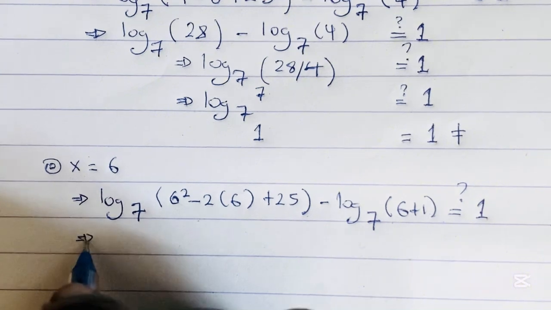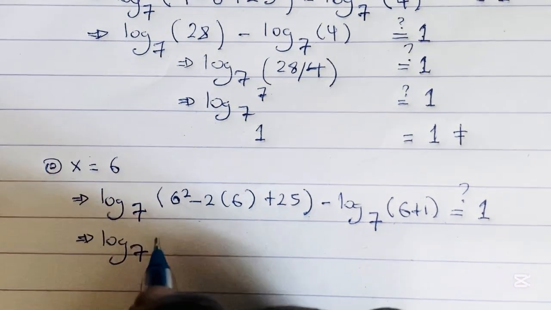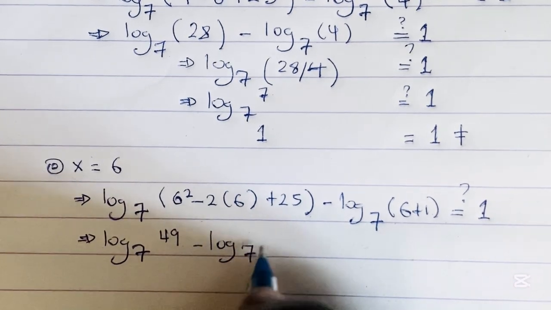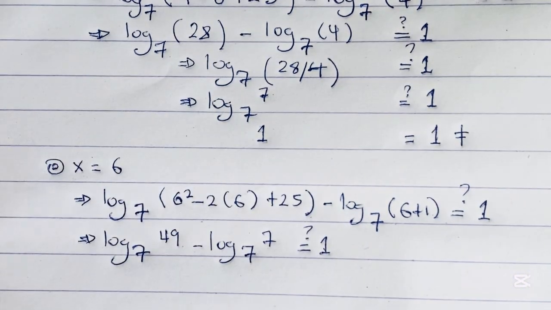So when you simplify that, you have log 7 of 49 minus log 7 of 7 should give us 1.